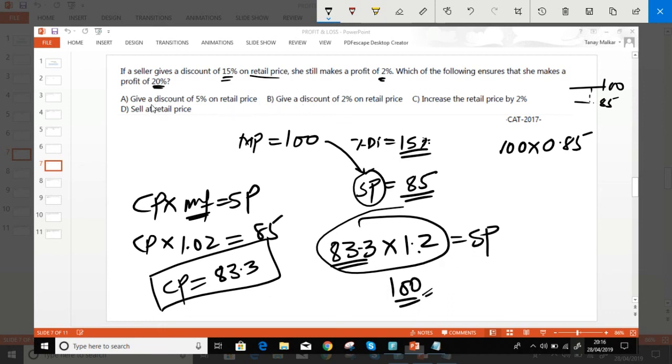So we need to check the options. Look at option D, sell the price at retail price. The price we assumed earlier, the marked price, is the retail price, 100. So the seller needs to sell the article at retail price in order to get 20% profit. So the answer to this question will be D.